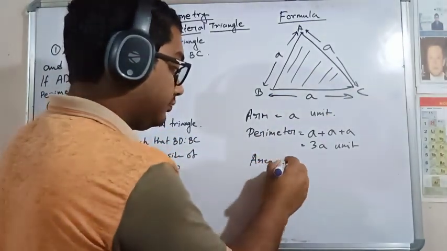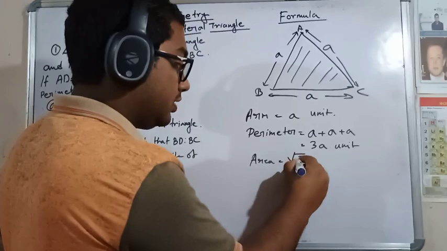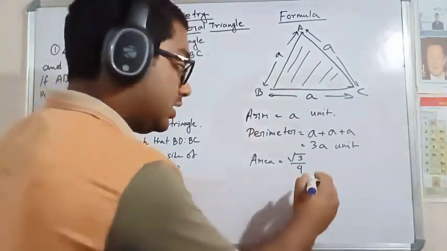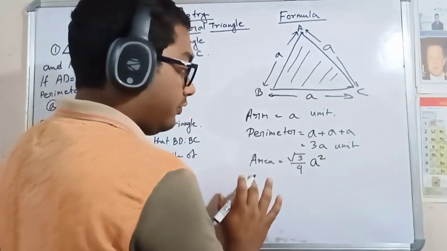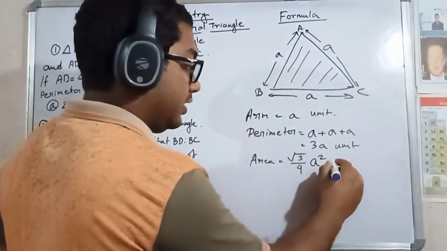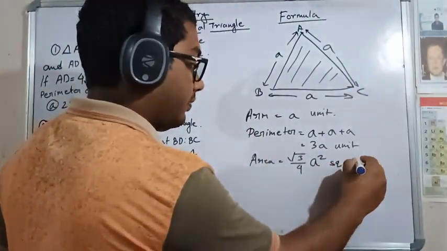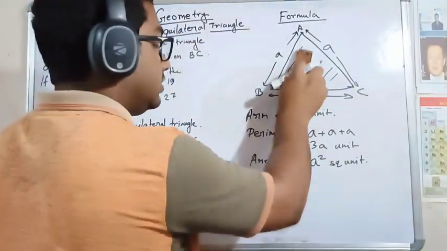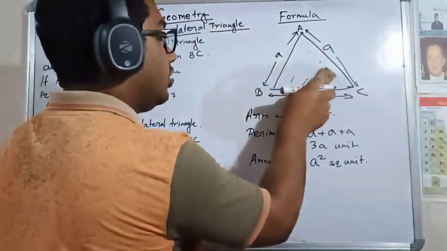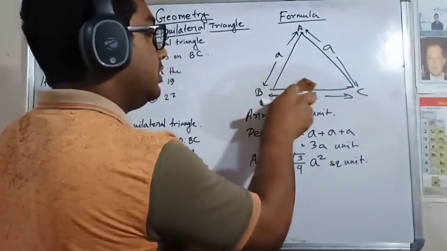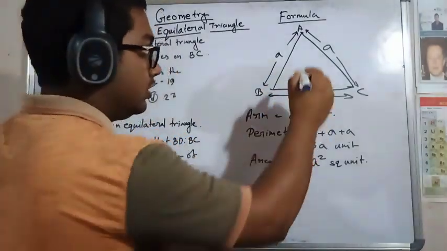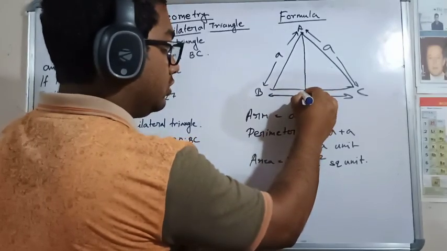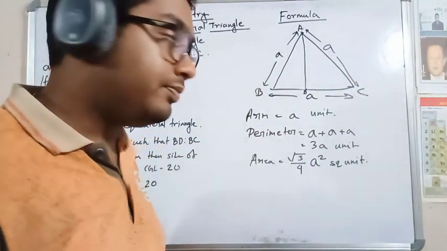Now we're talking about the area of this triangle. So area, you must remember, the formula is root 3 by 4 A square, the formula for finding the area of this triangle. And one more thing, in every triangle we must know the height of the triangle. So the height of the triangle is perpendicular on the BC arm.